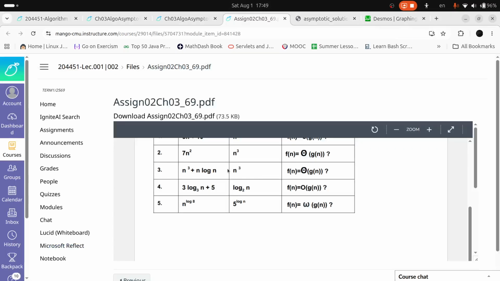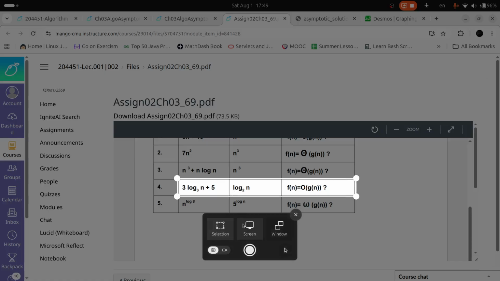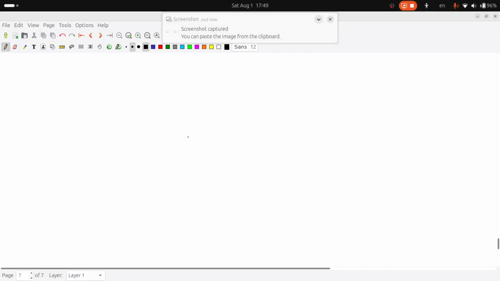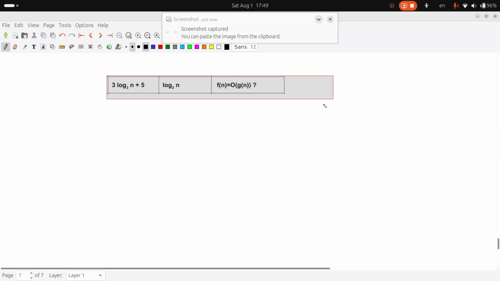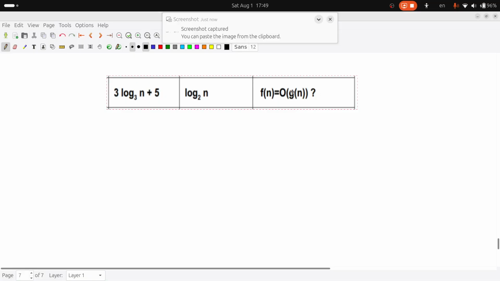Okay, so the next one, number 4, is big O notation. Big O notation is the upper bound function for some function. We can prove the theta notation, but here we prove just the upper bound.